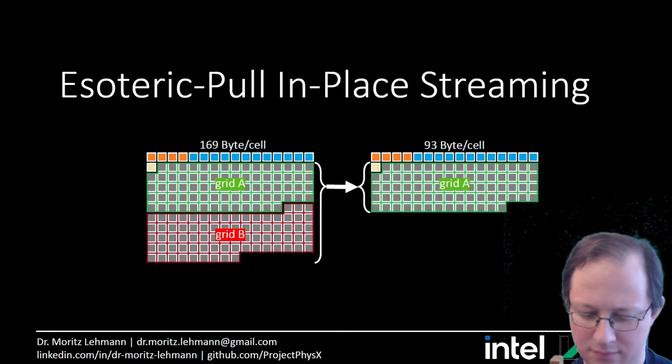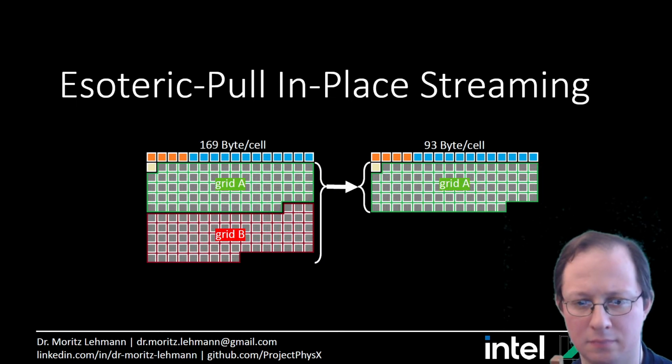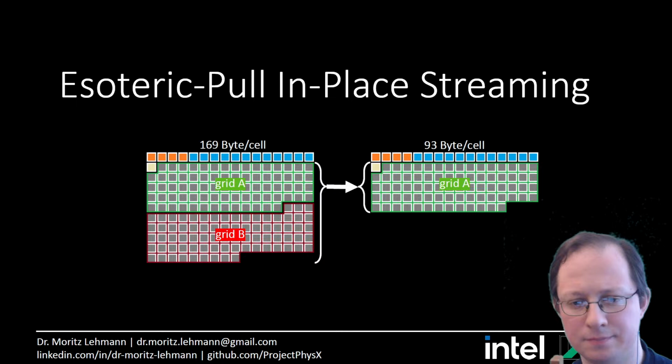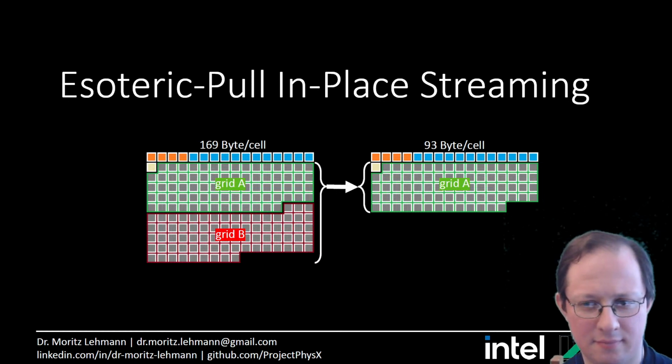So you get so-called race conditions and random output that is broken. To resolve that, traditionally you need 2 copies in memory. In the even time steps, you read from copy A and write to copy B, and in the odd time steps it goes the other way around. With a very clever streaming pattern in Lattice Boltzmann, you can avoid this and have only a single copy in memory.